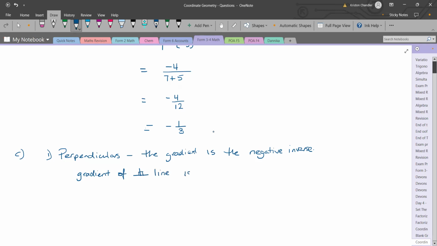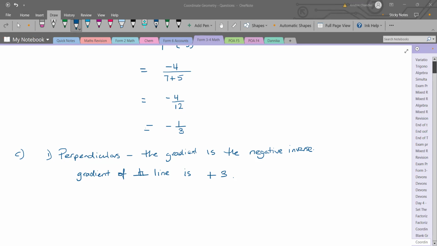That means perpendicular, is going to be, change this sign. So whatever was the original gradient you have, you're changing the sign. So if it's negative, I'm going to put it positive. And then I'm flipping this number. So if it was 1 over 3, then it'll become 3 over 1. And 3 over 1 we know is 3. All right? Give me a thumbs up if you're okay with that.